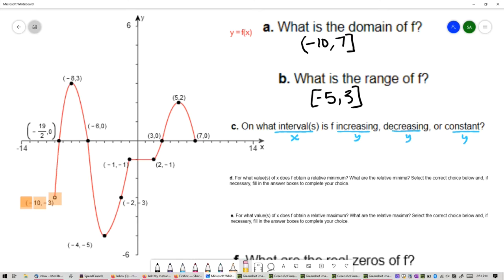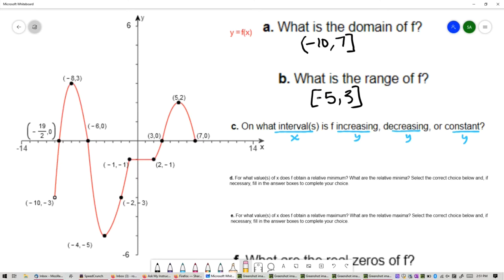So starting on the left, I'm going to trace the graph and observe the y values along this piece. Let me pause one second here. I didn't mention this. As a part of the definition of increasing, decreasing, and constant, we always want to go from smallest to largest.